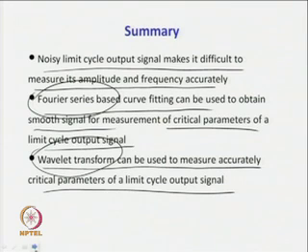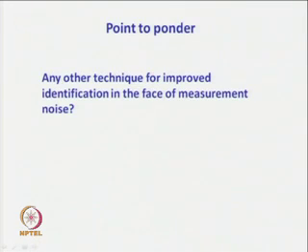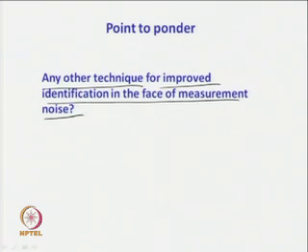Now, any point to ponder? Do we have any other technique for improved identification in the face of measurement noise or when the limit cycle output is corrupted with noise?